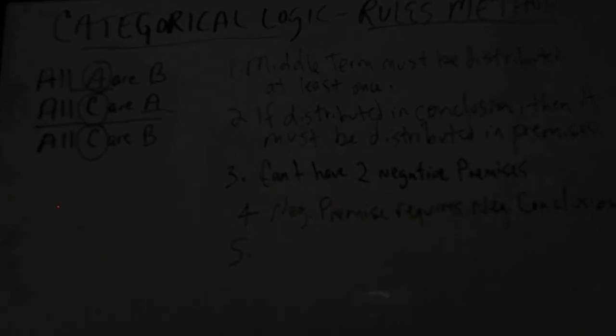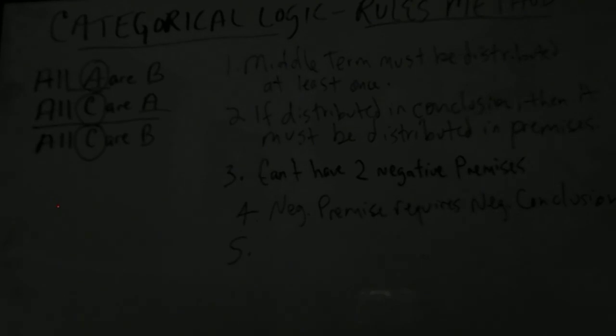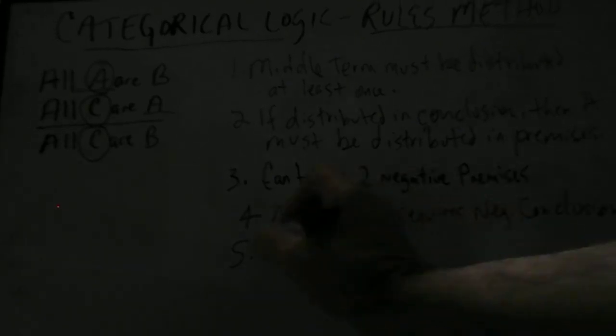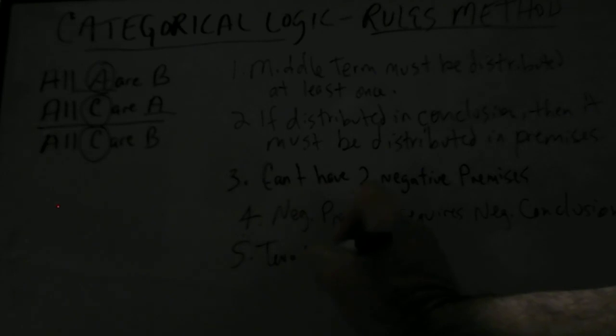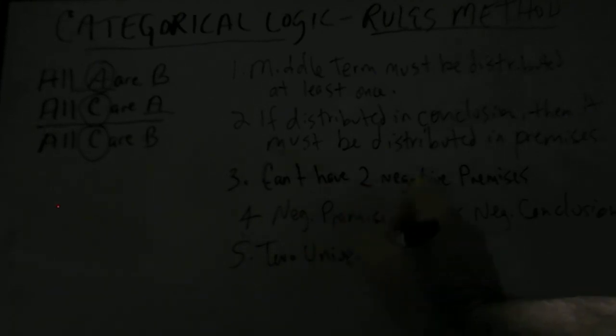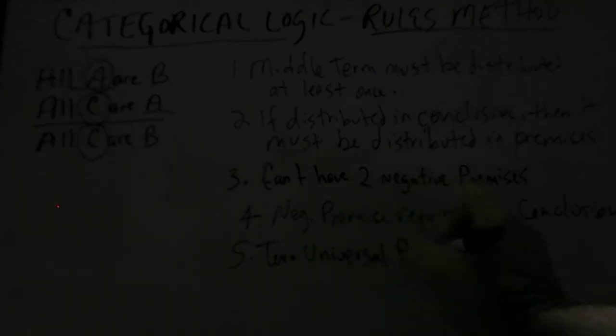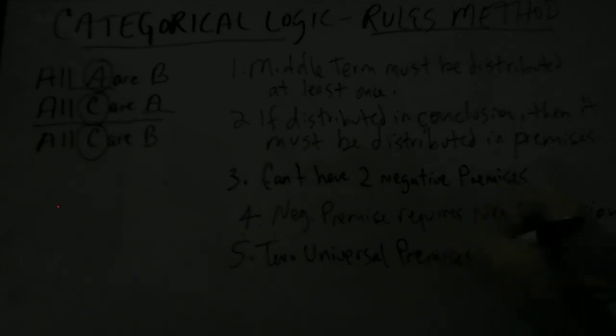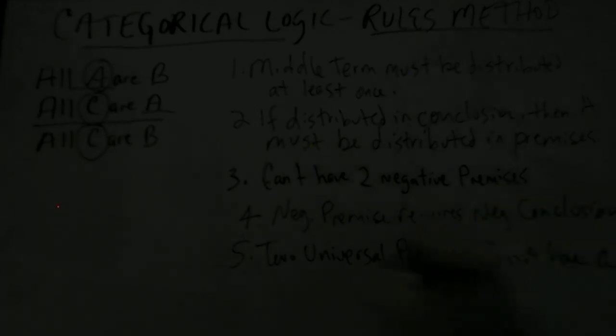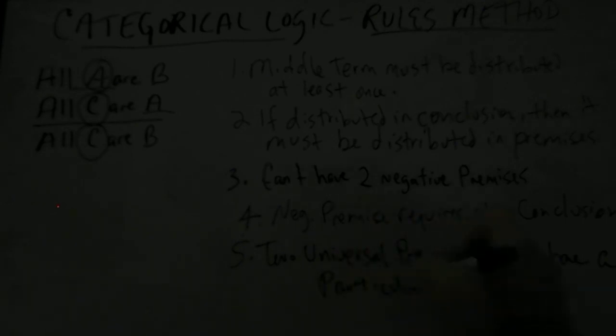And finally, Rule 5 says that if both of the premises are universal, the conclusion cannot be particular. So two universal premises cannot have a particular conclusion.